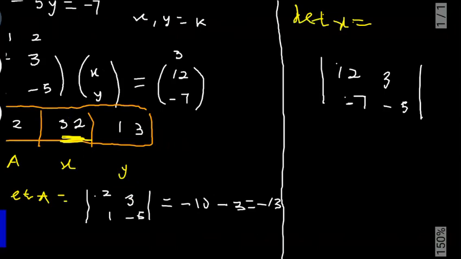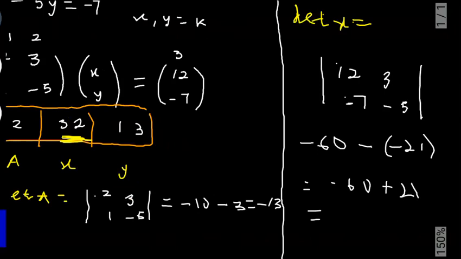So 12 multiplied by -5 is -60. Then take away 3 multiplied by -7, that is -21. So -60 - (-21) is -60 + 21, and that is -39. So our determinant X is -39.